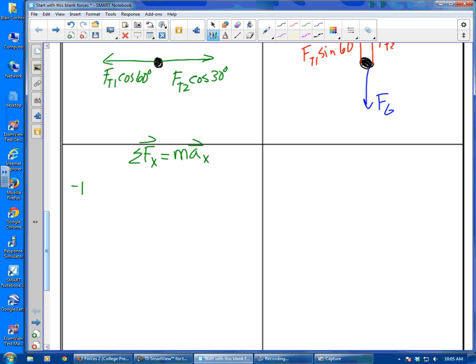I'm going to have negative FT1 cosine 60 degrees plus FT2 cosine 30 degrees. I'm getting those right from my diagram above, and as Sarah pointed out, I'm taking the left to be negative and the right to be positive. That's how I know what sign they are. Equals m times 0.